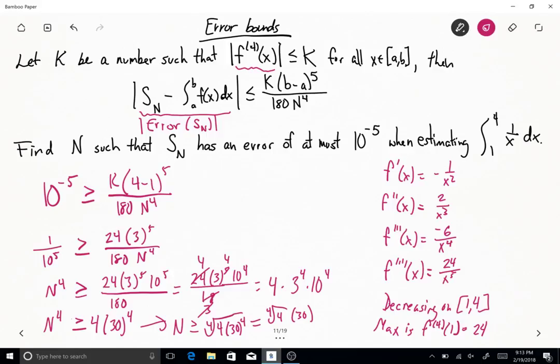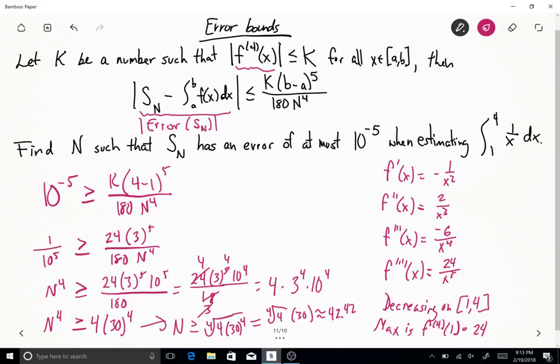I'd be fine with this, but there is something to keep in mind. If you figure out what 4 to the 1/4 power is, and then you multiply that by the 30, you'll get a number that's like 42.42.